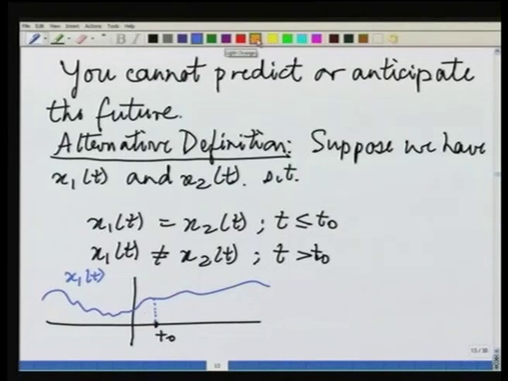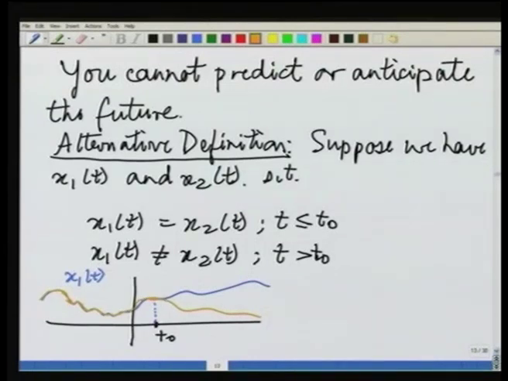So, let me take x2(t) to follow x1(t) exactly, or as closely as I can make it do so with this pen. Up to here, and then x2(t) goes off differently. Right. Suppose we have these two signals with this kind of a relationship between them.